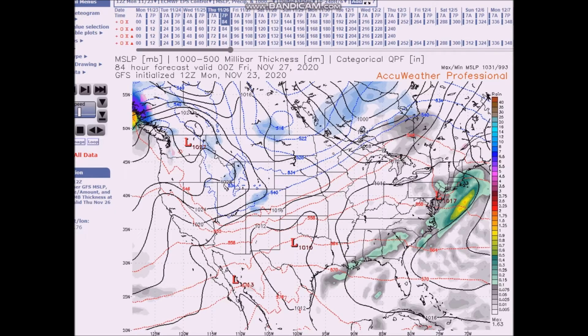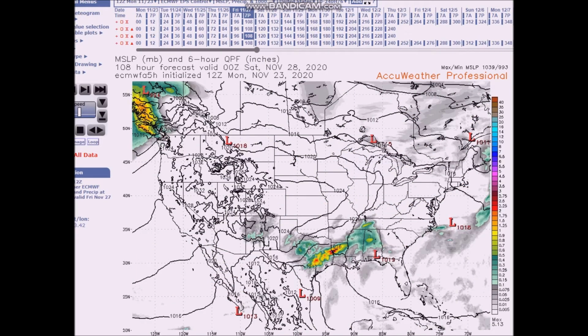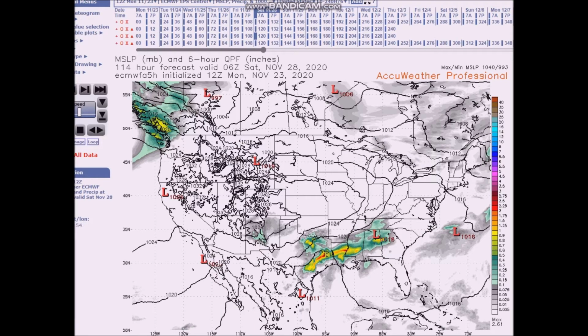And an upper low in the southern stream will be over the south central states, causing heavy rain from the lower Mississippi Valley to the southeast. Here's our surface low. And then you start seeing rain occurring from the southern plains into the southeast.